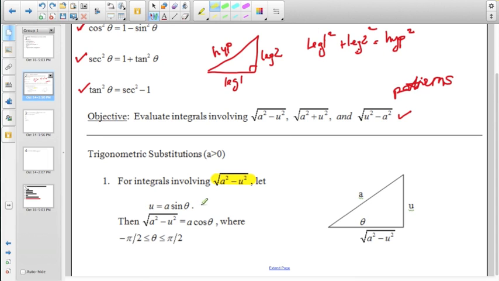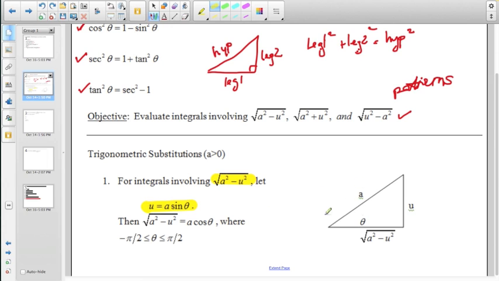When we have patterns in our integrals of a number squared minus u squared, then we're going to do a sine substitution to substitute those out and substitute in a trigonometric expression.